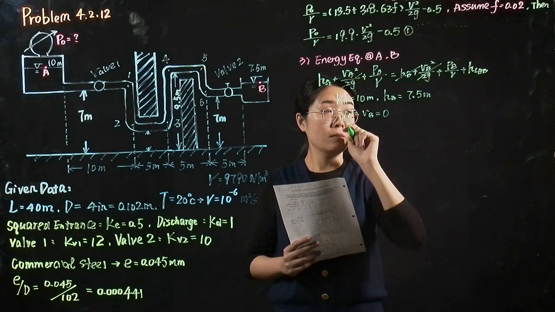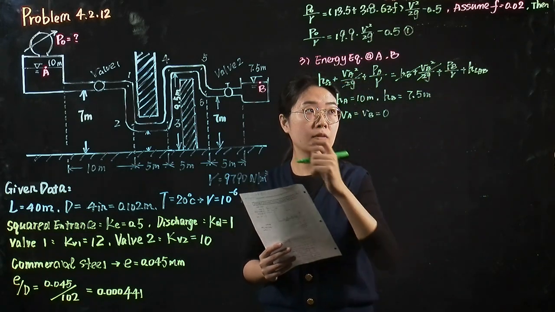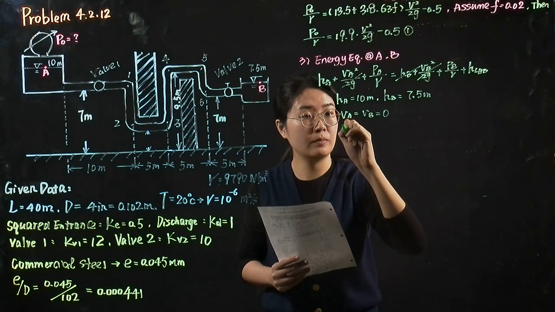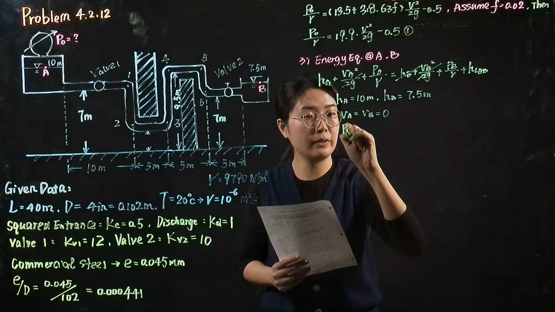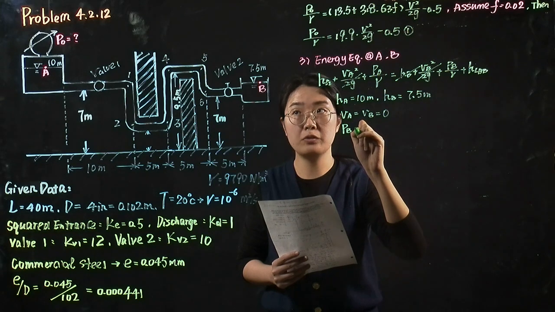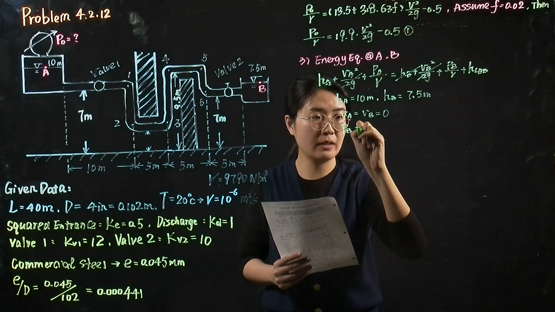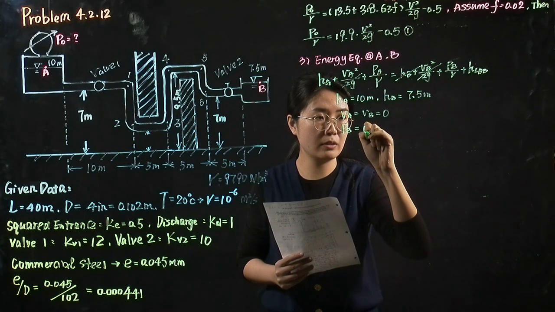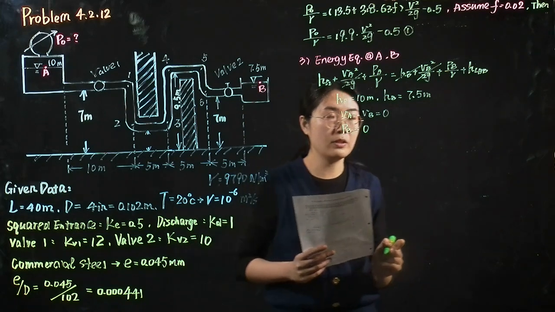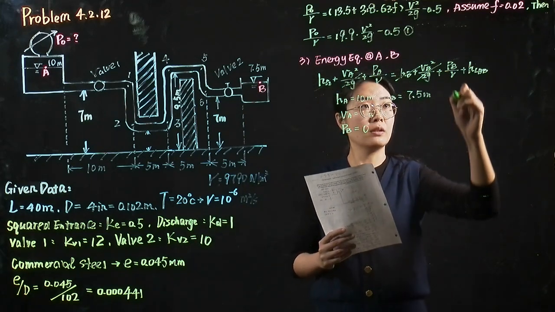Then, because the pressure at point B equals atmospheric pressure, and we use relative pressure, P sub B equals 0.